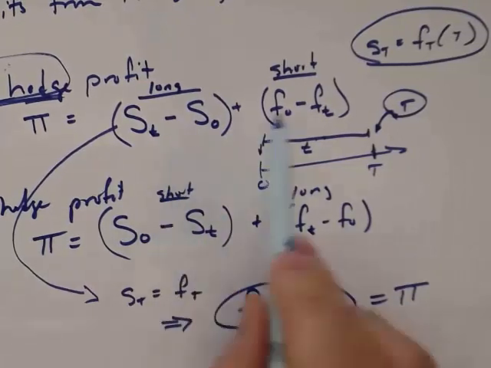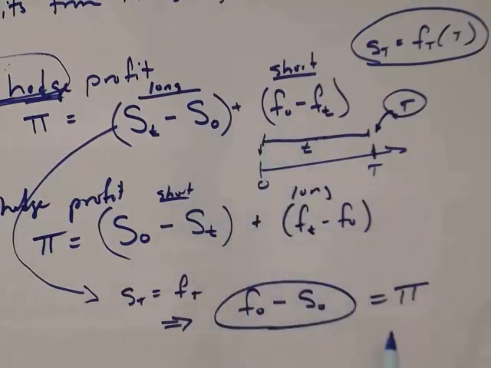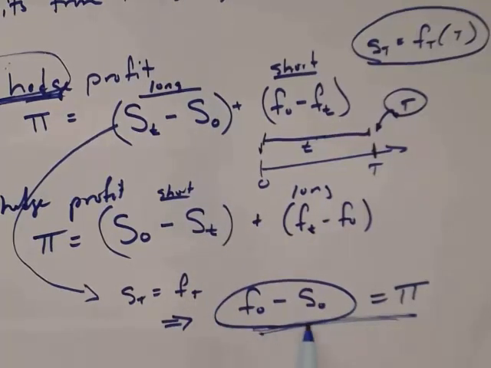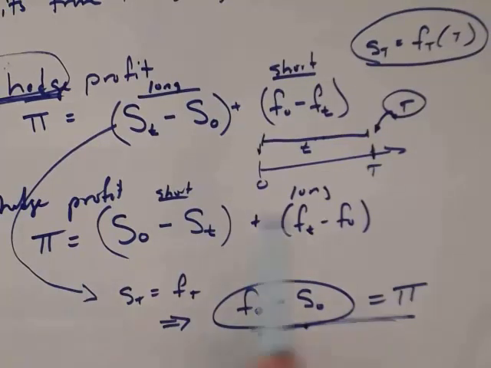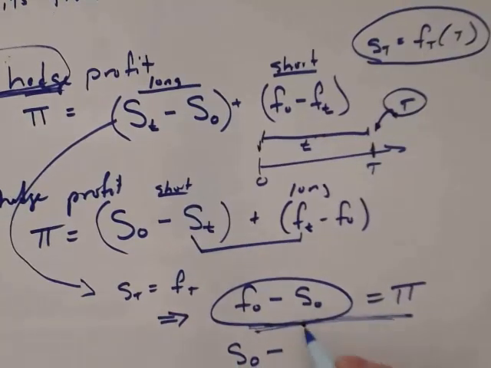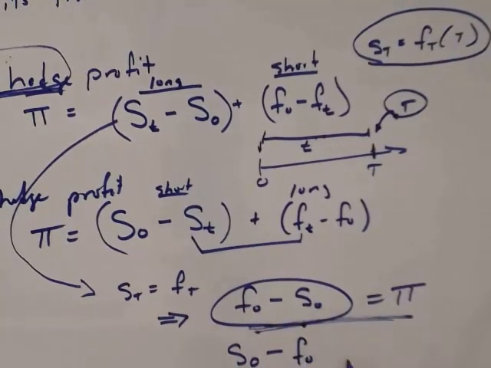That's a lot simpler than working with this formula. So if you hold a futures contract at expiration, your profit boils down to this formula. For the long hedge, when these two numbers are equal, because you're at time capital T, the profit will be the spot price at the time you implement the hedge minus the futures price at the time you started the hedge.